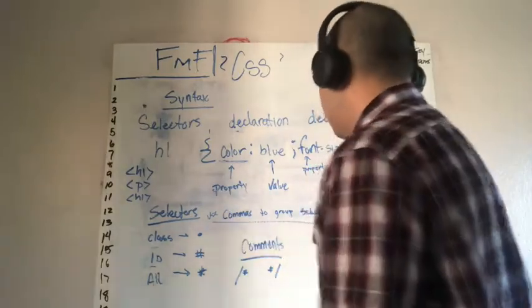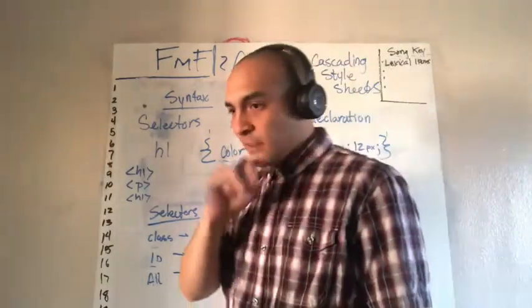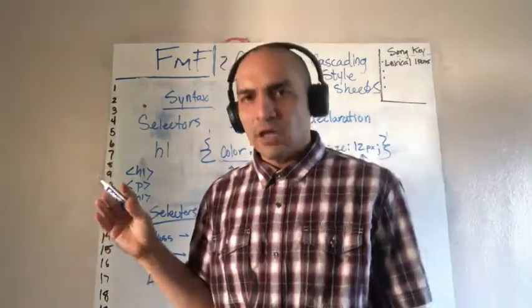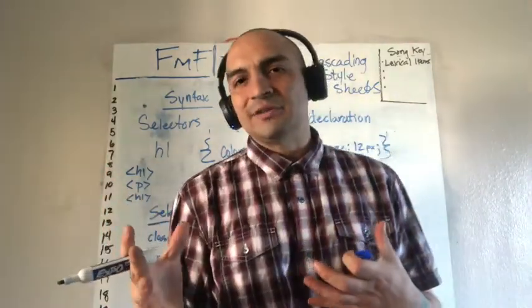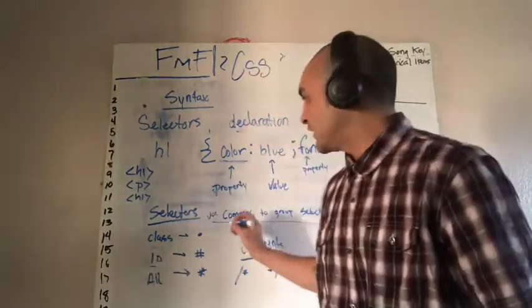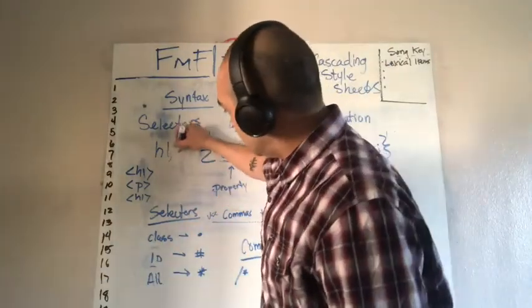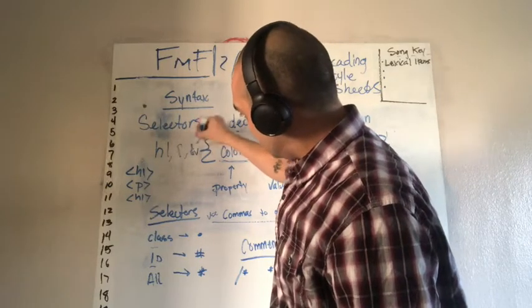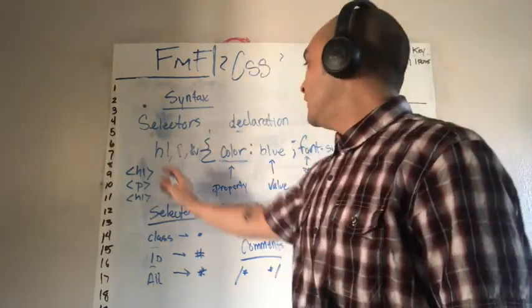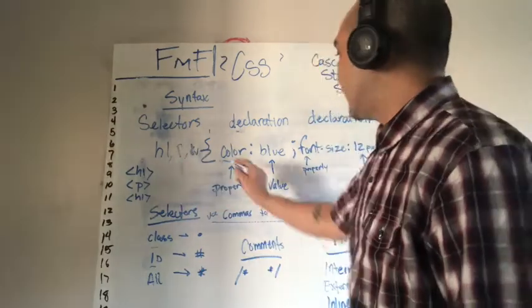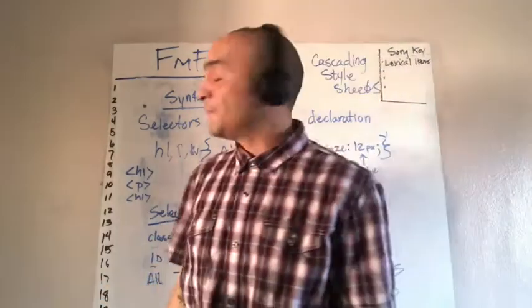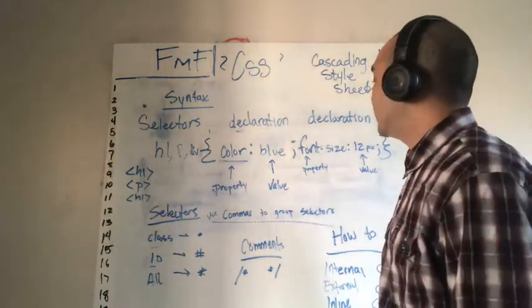Use commas to separate selectors and group them. If you know all your HTML elements are going to have a certain type of background or border, you can group them together, H1, paragraph, comma, and so on. By separating them with commas, you're telling all of them they're going to get these properties and value changes. So that's the first part we have to discuss, syntax.